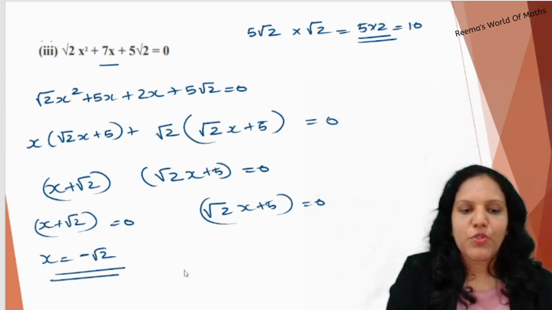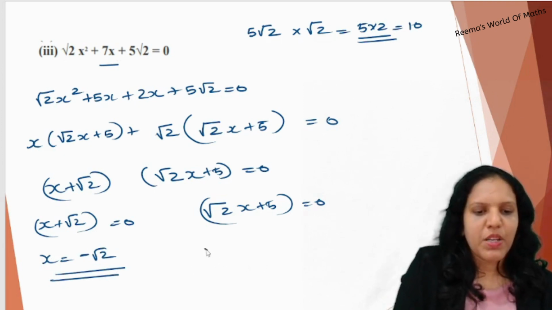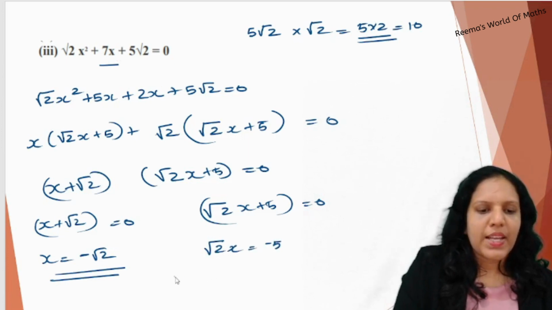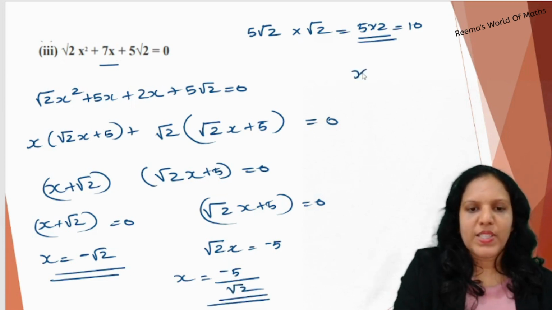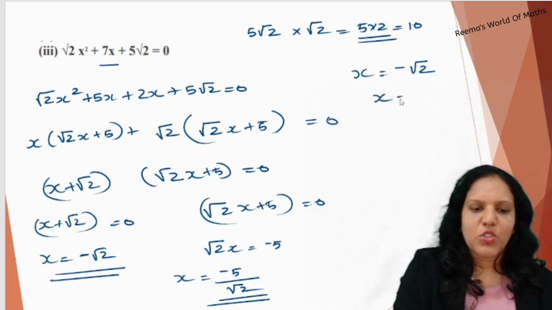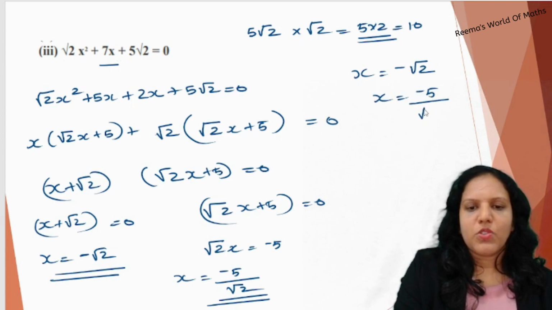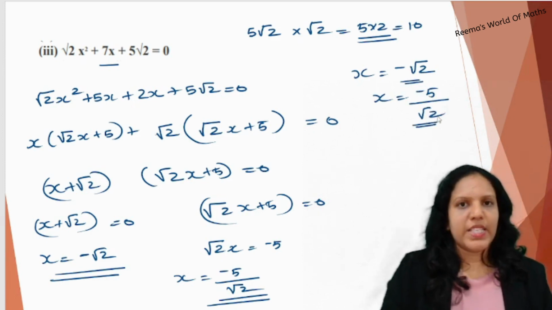Secondly, we have √2x + 5 = 0, so √2x = -5, and x will be -5 divided by √2. So this is the second solution. The first solution is x = -√2 and the second one is x = -5/√2. These are the two roots of the quadratic equation.